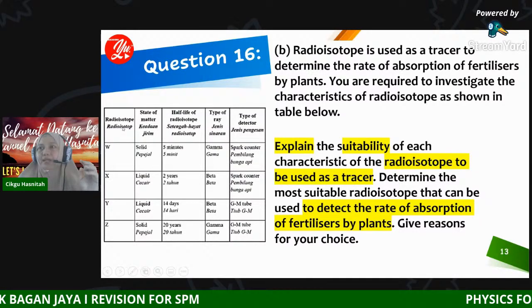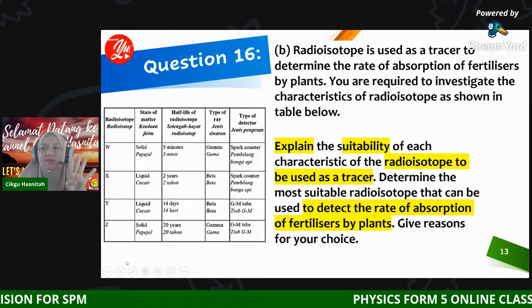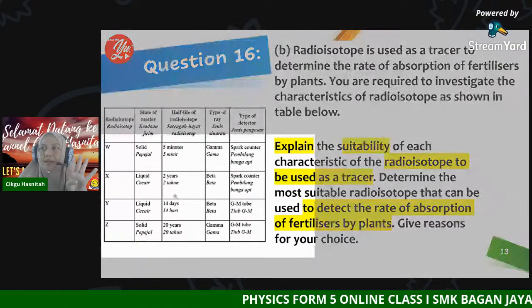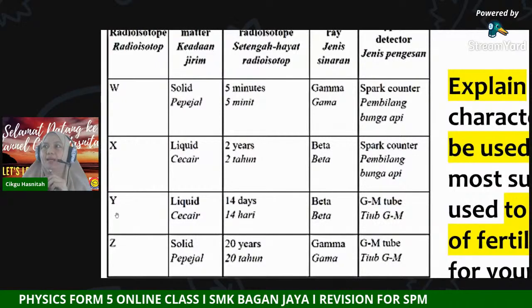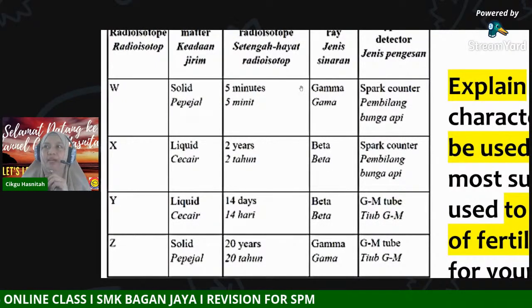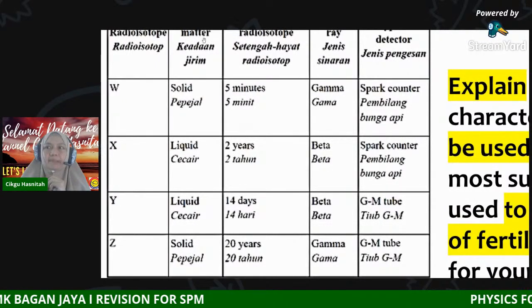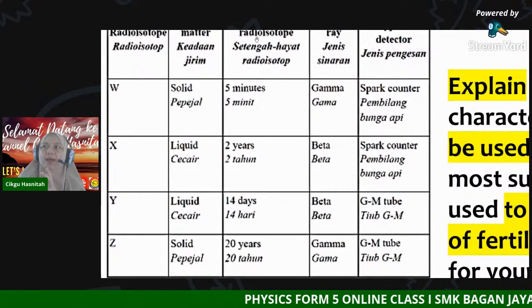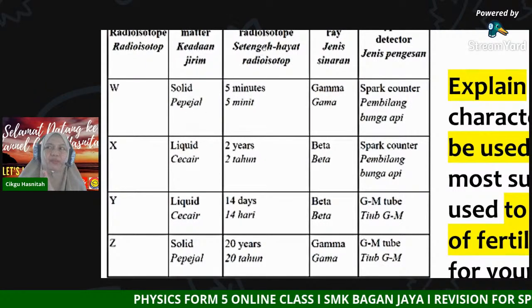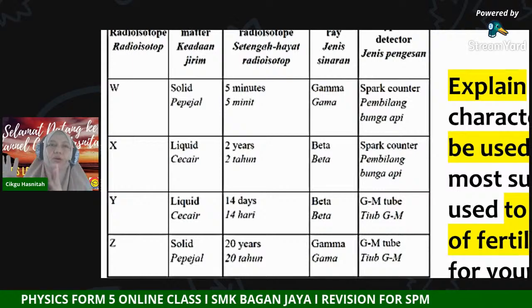So if you refer to this table, you are given 4 choices of radioisotopes, namely W, X, Y, and Z. And they give you 4 characteristics for each. First is the state of matter. Okay, you are given either solid or liquid. And second is the half-life, long or short.